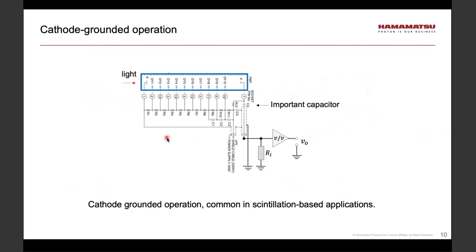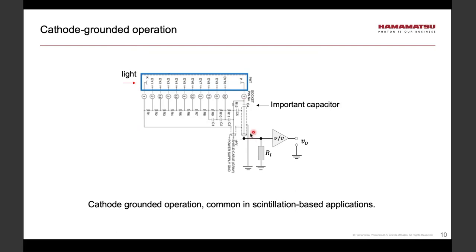Another scheme of using a PMT is known as the cathode grounded operation. In this case, the cathode is, as the name indicates, at the ground. This operation is commonly used in scintillation, where, to reduce the amount of noise, it's advantageous to ground the cathode. Therefore, in this operation, the anode has to be at the highest positive potential.